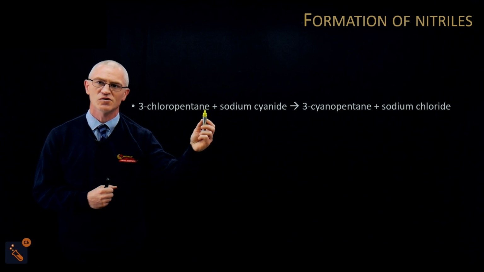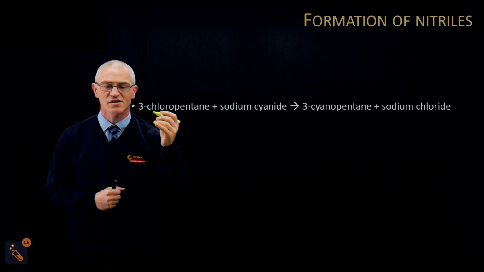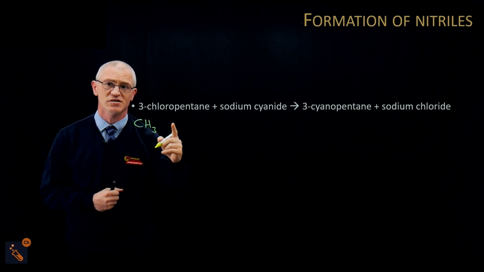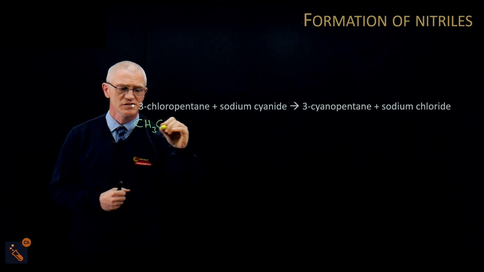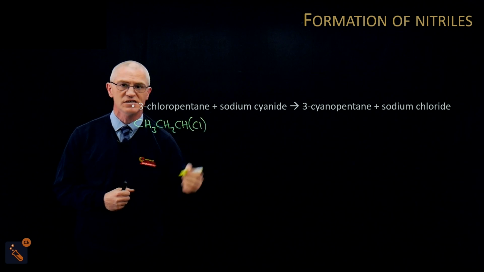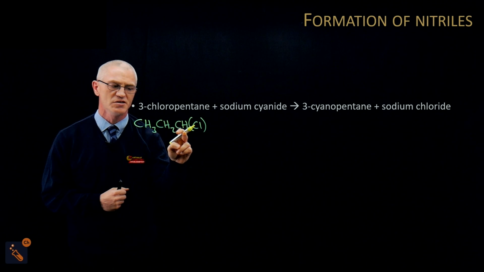So first of all, we've got chloropentane. We do it with structural formula first. There you have your CH3 starting off, CH2, CH, and then Cl. So we've got to our 1, 2, 3.